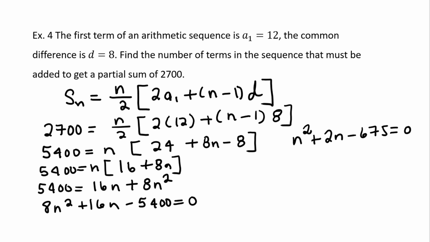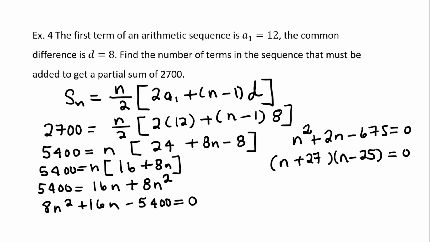The two factors of 675 that will give us, when added or subtracted, a 2 in the middle are 27 and 25. So we will have n plus some value, n minus, and we are going to add. So we're going to have n plus 27 and subtract, so n minus 25.